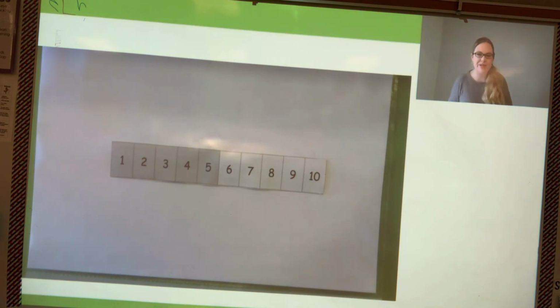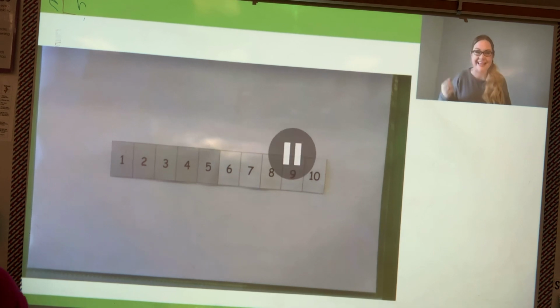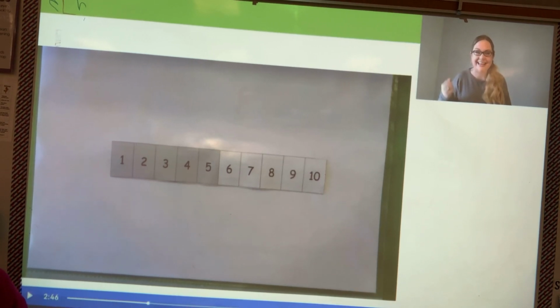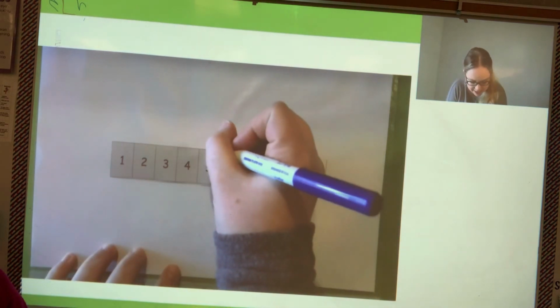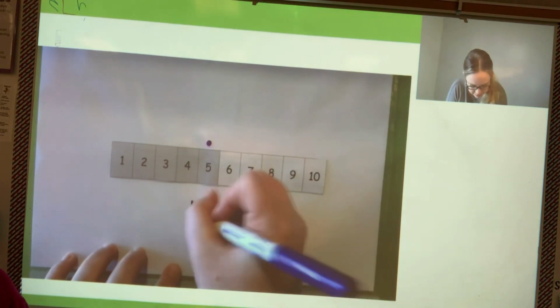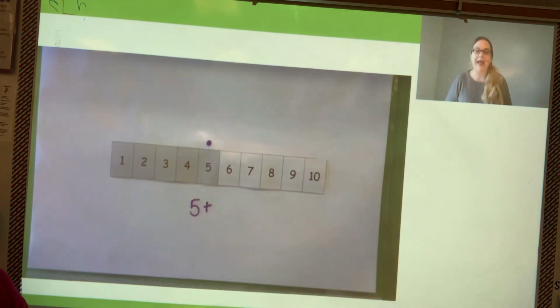So what number did we start with? Show me your fingers. Very good. Yes, we started at 5. And how many hops did we take forward?